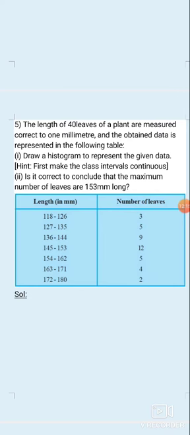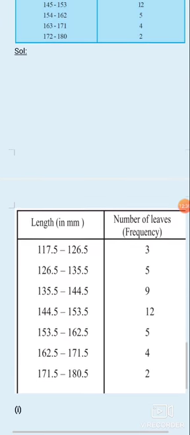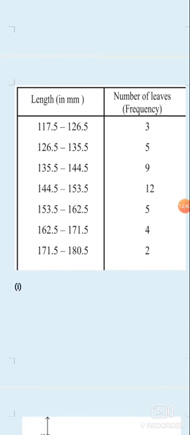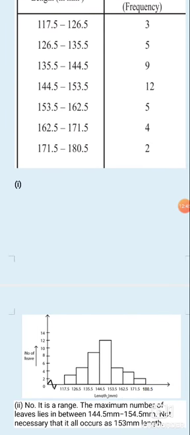So when we consider that, what is the first class interval? 117.5 to 126.5. Then the second one 126.5 to 135.5, etc. The last one becomes 171.5 to 180.5.